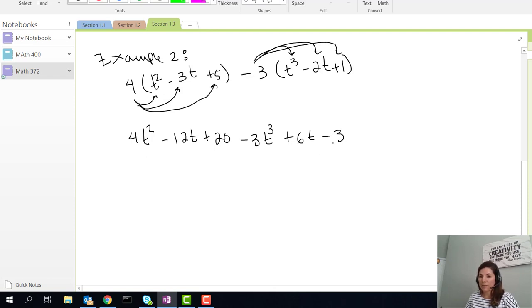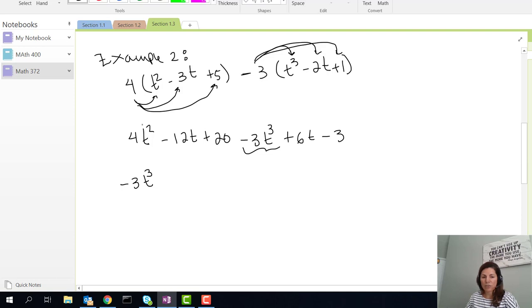And now we have something similar to what we had above. And so I just need to combine like terms. And usually we write them from largest degree to smallest. So I see that I have a square here, but there is a cubic over here. And there are no other third degrees, so I'm going to put that at the front. So minus 3t cubed.